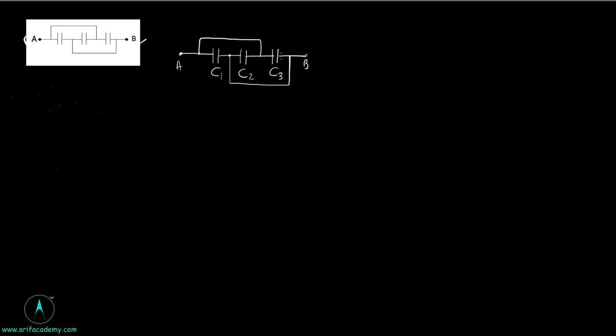I'm telling you these three capacitors are connected in parallel, but I have to show how they are connected in parallel. So this is point A, and the potential of this point is VA. This point has the same potential VA, and this point will also have the same potential VA because it is connected by a wire.